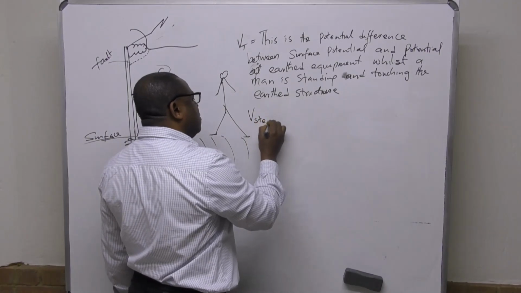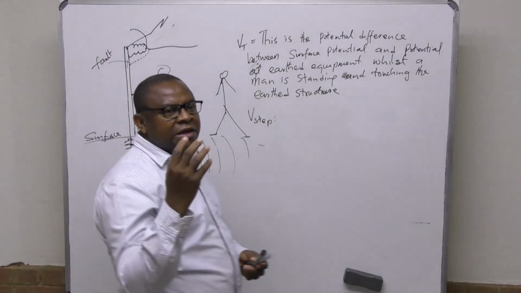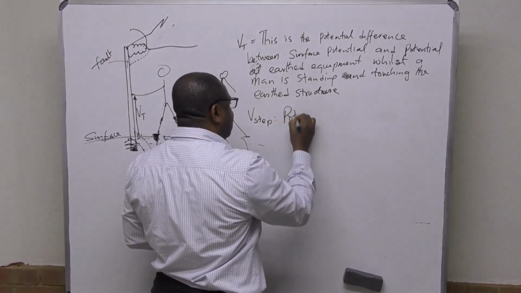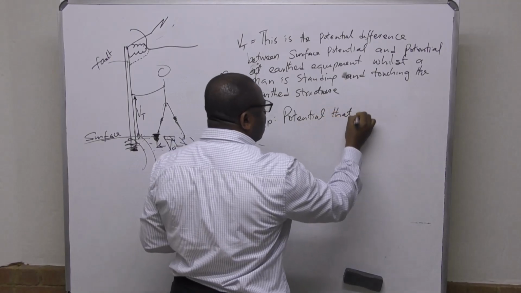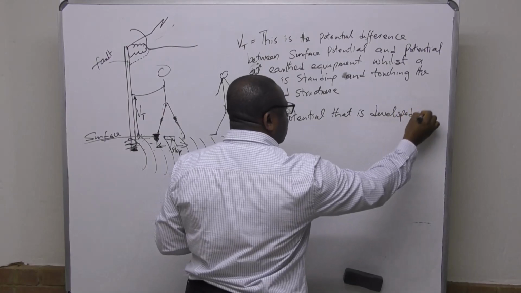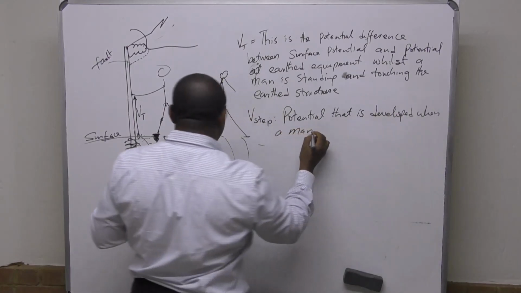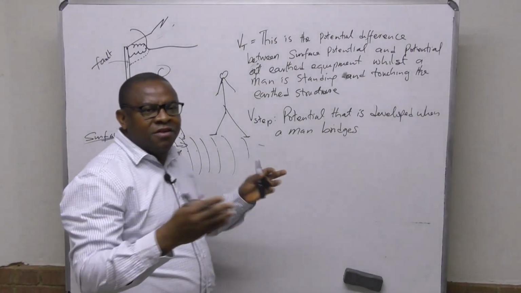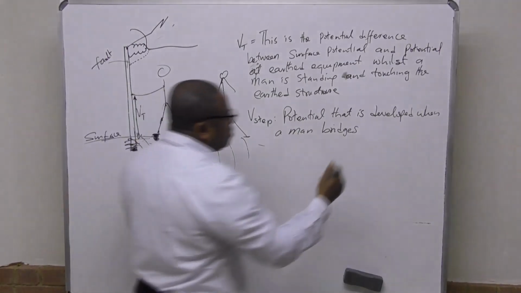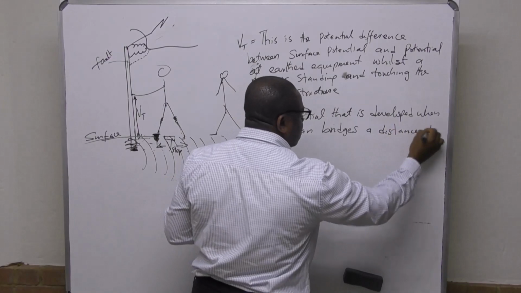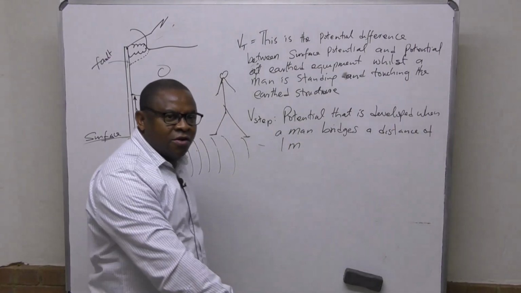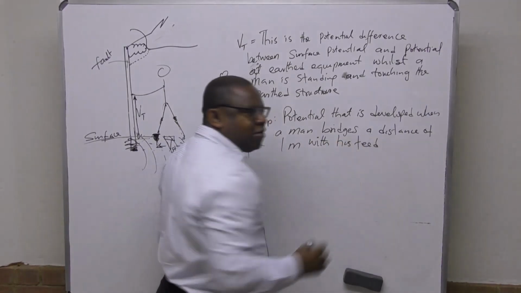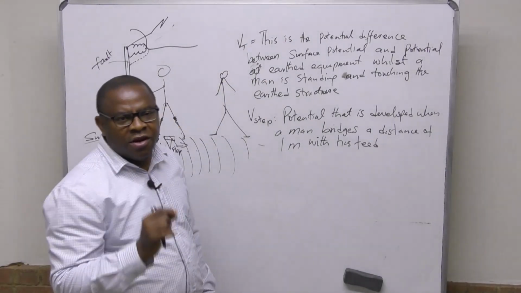Step voltage. This is a potential difference that is developed when a man bridges a distance, just a distance of 1 meter, between the two legs, with his feet, while not touching any other earth equipment.